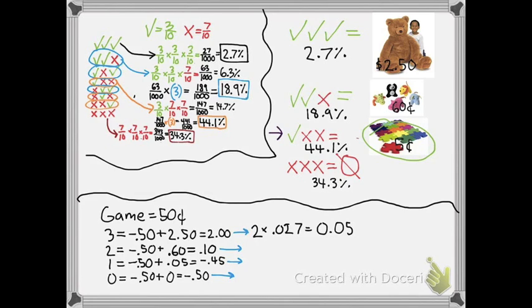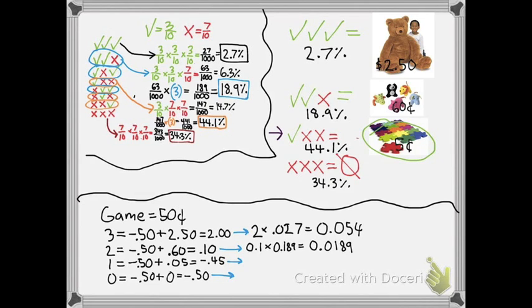And let's do the same for all the other possibilities. So if we make 2 shots, we said that we would gain 10 cents. So let's multiply 0.10 by 0.189, which is the same as 18.9%. And the answer we should get is 0.0189.